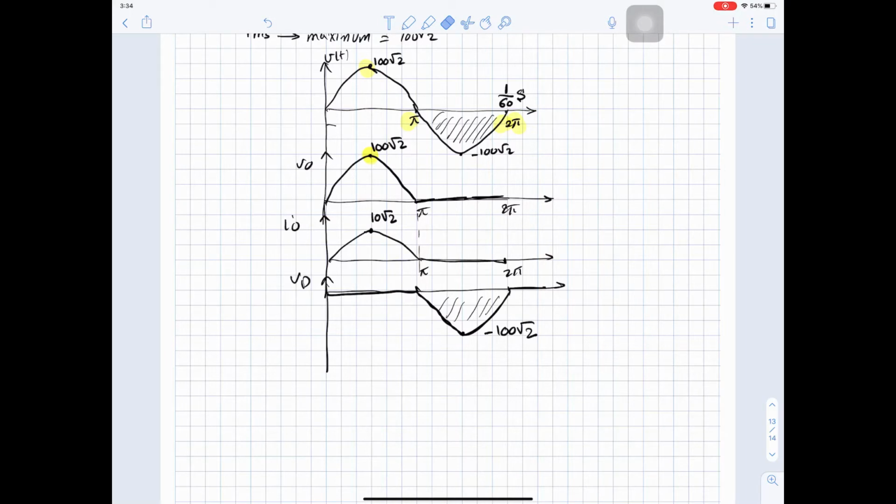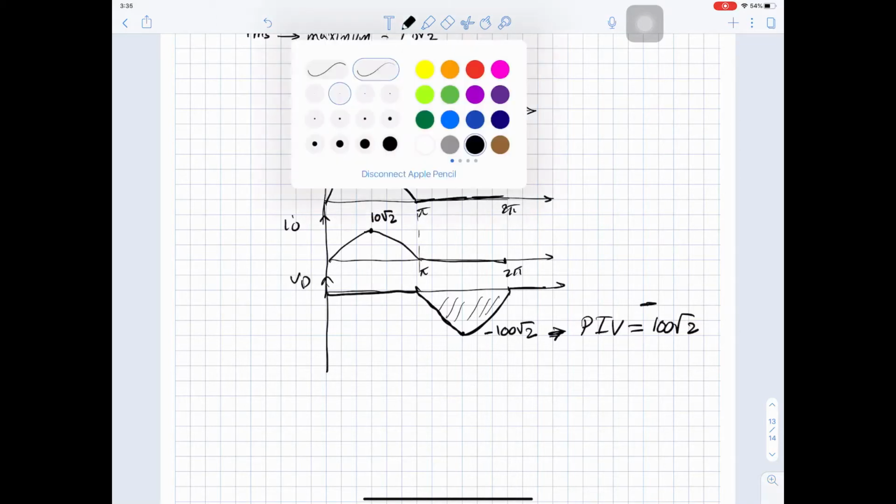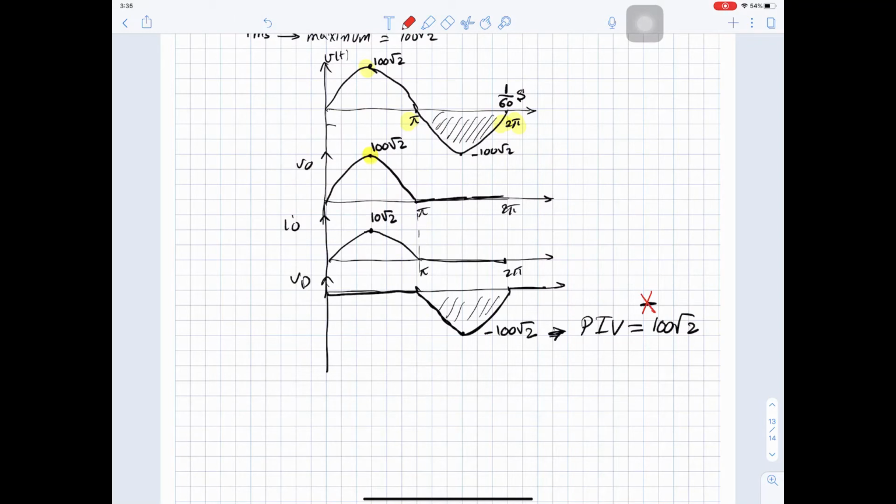And this value here is very important, because this value is the peak inverse voltage, the PIV of the diode is 100 root 2. And PIV, you are saying it is the peak inverse voltage. You are saying it is inverse. So please don't put negative here, okay? So don't put negative. Inverse means it is negative. So the peak inverse voltage is 100 root 2.